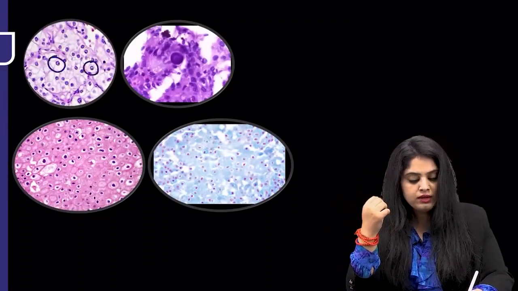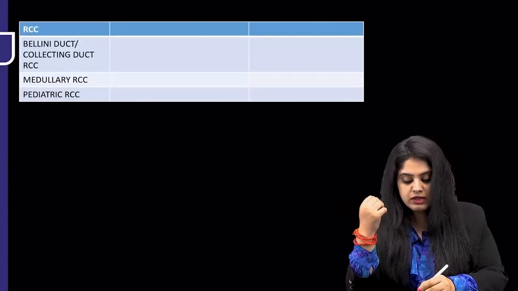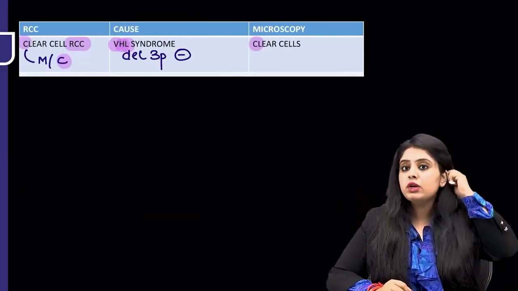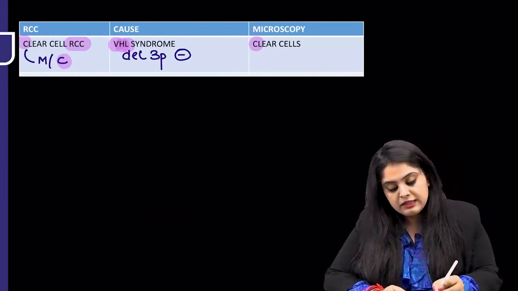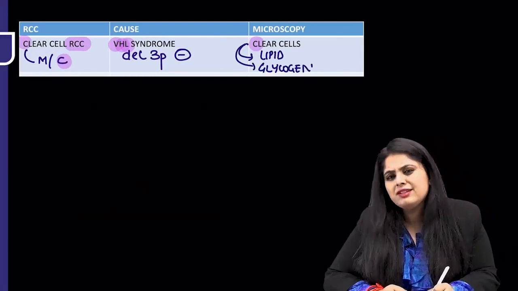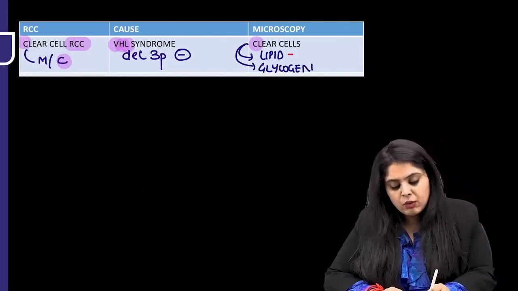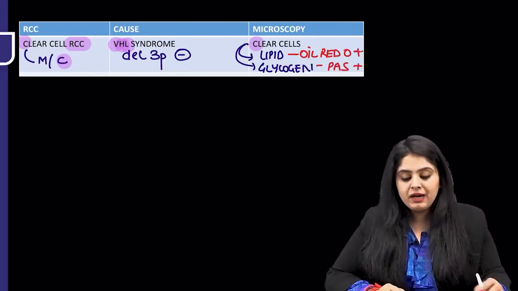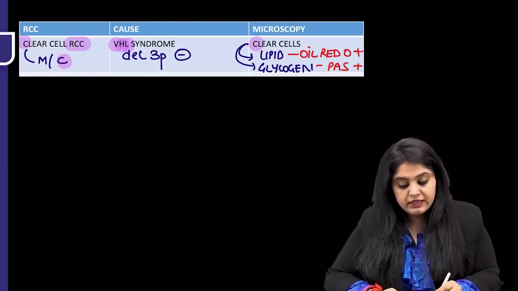That is VHL syndrome. If you want to see a picture, here you go. You see all clear cells. So they will ask you a question in the paper, what are these clear cells? So remember, these clear cells contain lipid also, and they contain glycogen also. So can you quickly tell me one stain? What is the stain for lipid? It is going to be oil red O. What is the stain for glycogen? It is going to be PAS. So it is a fatty tumor. It contains fat.